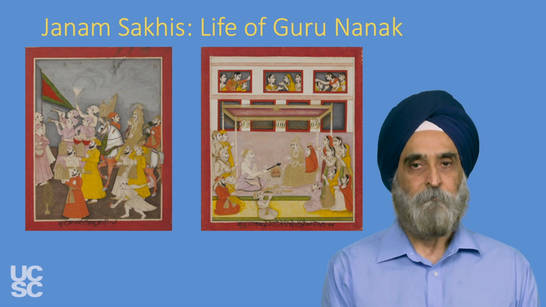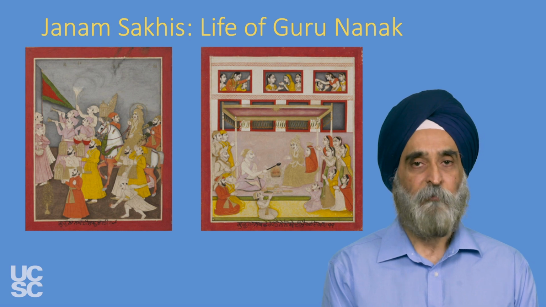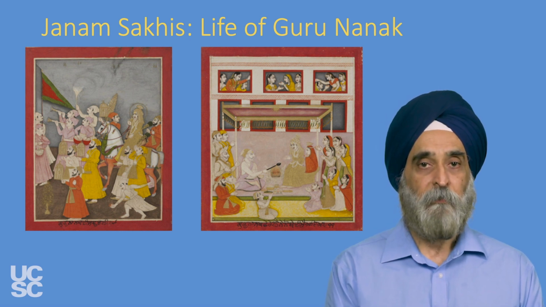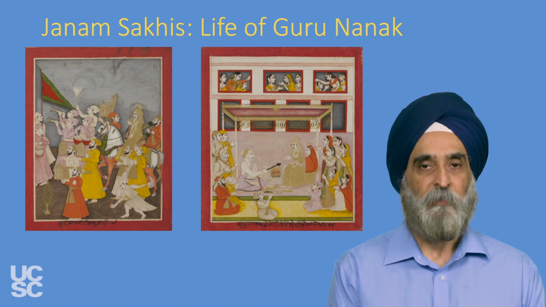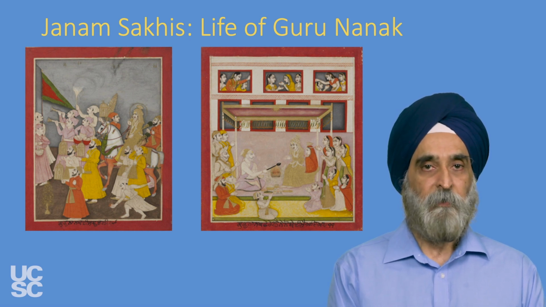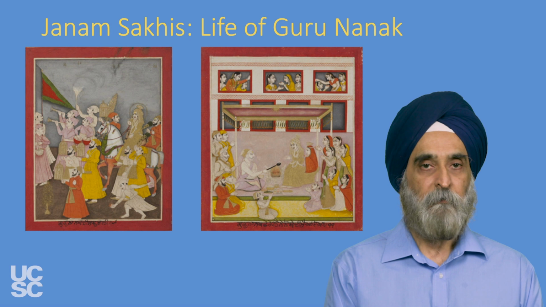So again, these illustrations are the artist's conception, probably not a Sikh artist, but they are very realistic in the sense that the artist would have had a good idea of what these events would have looked like at the time of Guru Nanak. And you can see Guru Nanak arriving on a white horse for his marriage.